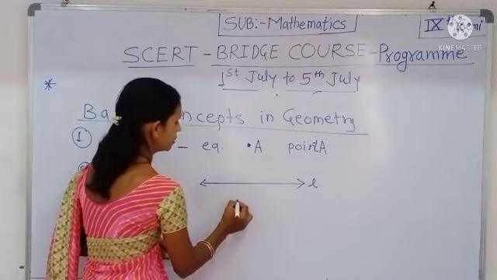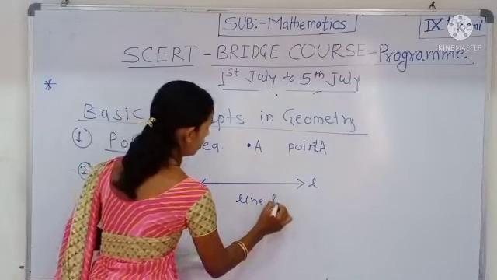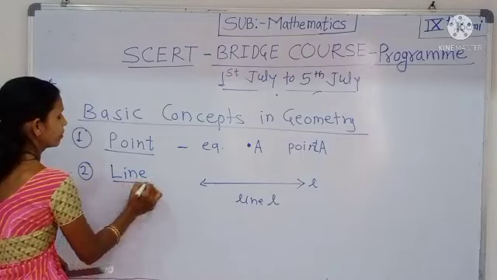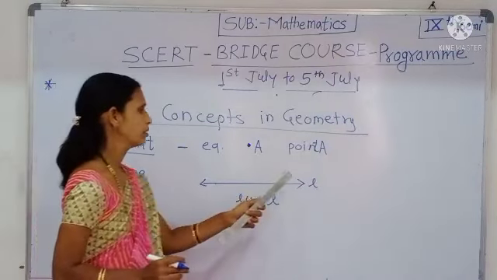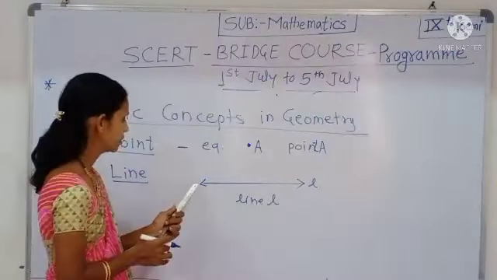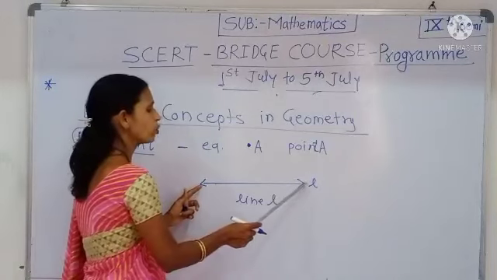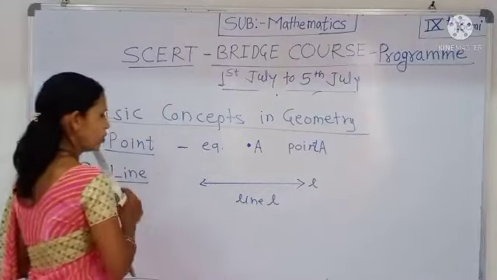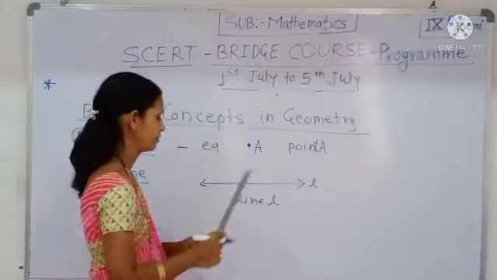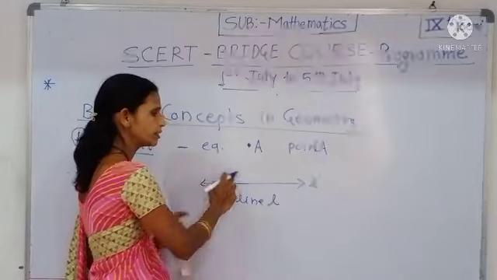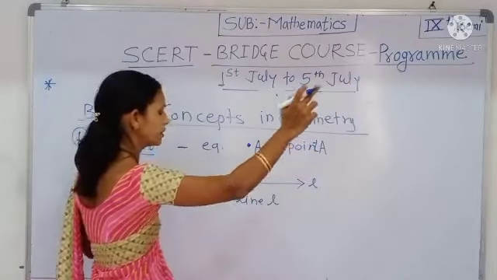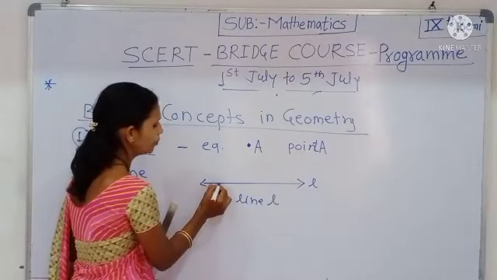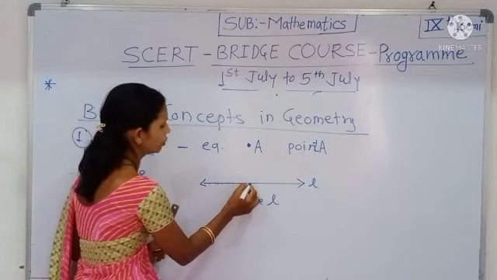See here, it is a line L, and here the line has two heads, two arrows at both ends of that line, which can be produced on both sides to infinity. That arrow indicates that it can be increased or produced to infinity, and there are infinite points present on the line.